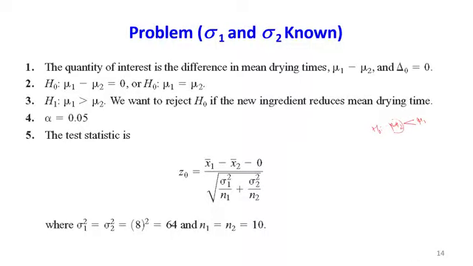I want to prove that the new ingredient is really working, and the drying time is less than the drying time of paint 1. This would be my alternate hypothesis. My null hypothesis would be just the opposite of this: mu2 is greater than or equal to mu1. So this would be my hypothesis.